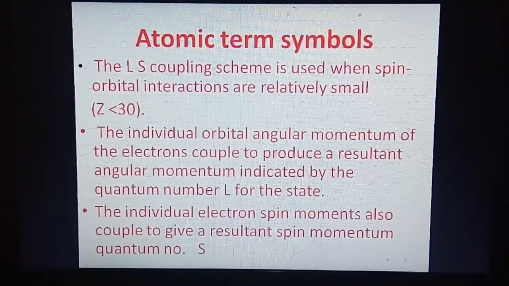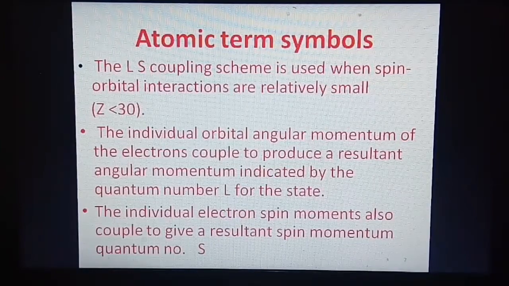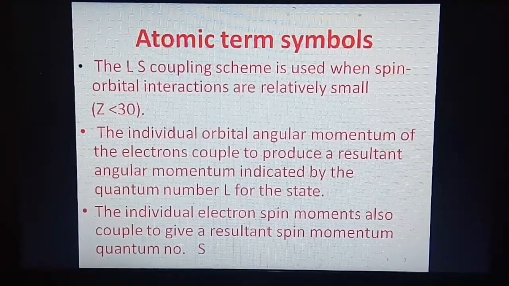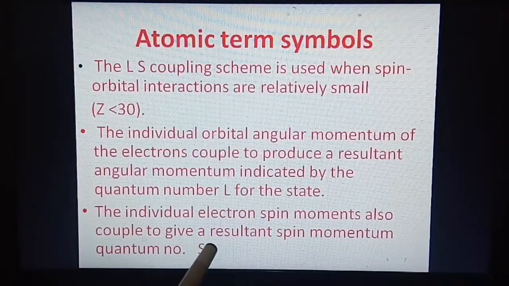The individual orbital angular momenta of the electrons couple to produce a resultant angular momentum indicated by the quantum number L for the state. The individual electron spin moments also couple to give a resultant spin quantum number S.